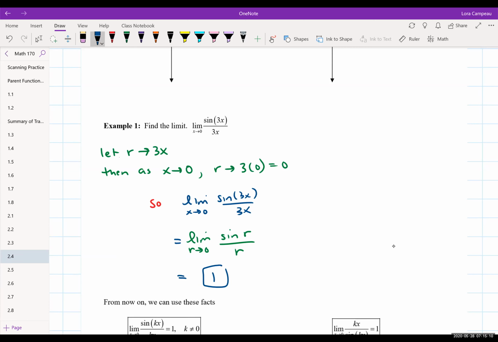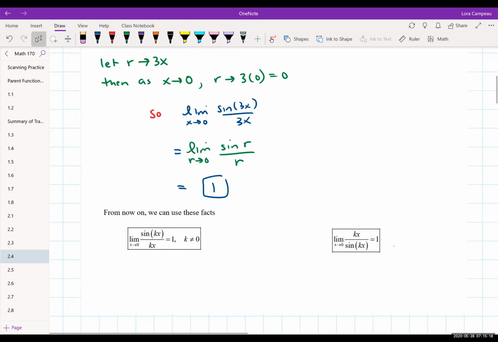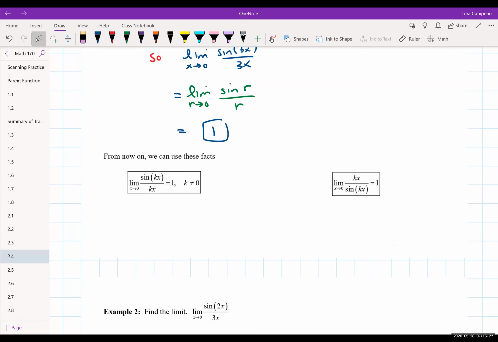So it's a little mathematical hand waving there. But from now on, you can use these facts as well. So there's no real proof needed. But I'm always looking for, if I have a limit as x is approaching 0, if I see a sine function involved, I want to see if I have a matching argument with something in the denominator, or if it's the other way around.